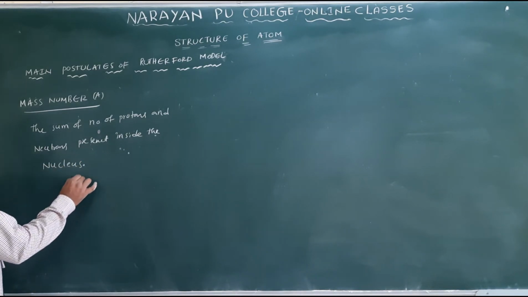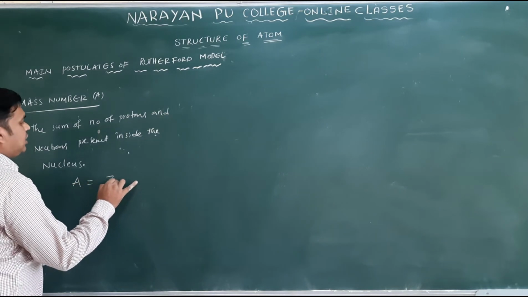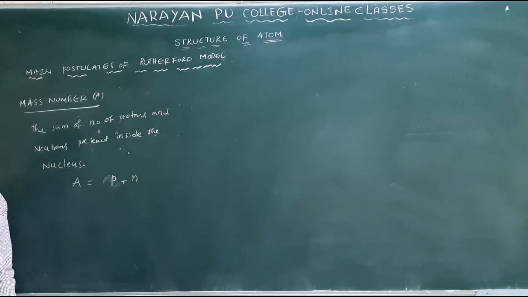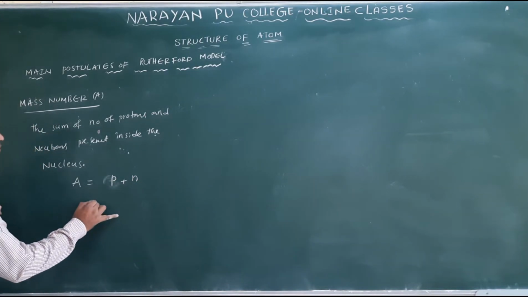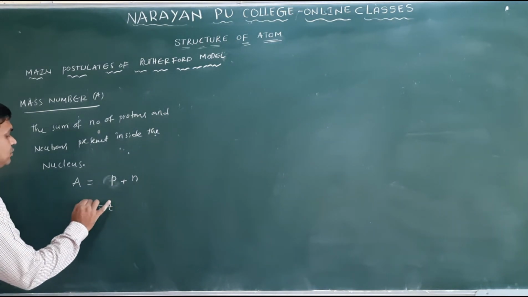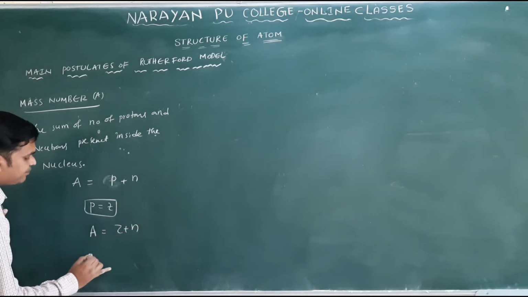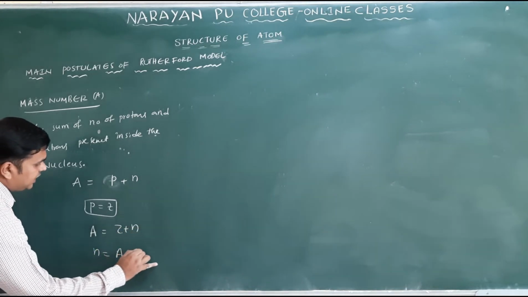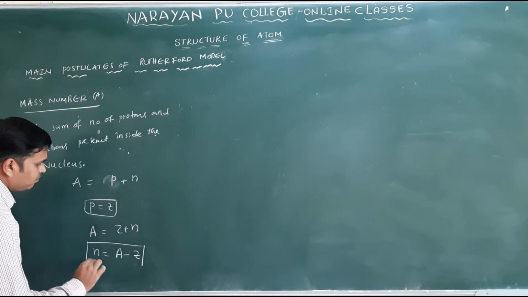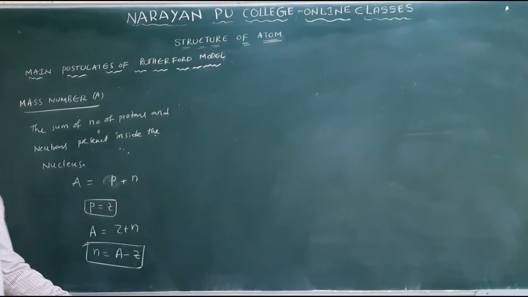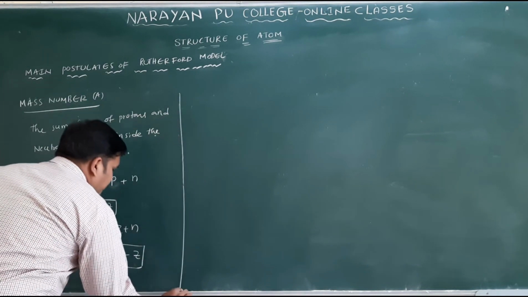So A is equal to the number of protons, Z, plus the number of neutrons, N. From this you get the formula N is equal to A minus Z. What is N here? The number of neutrons, equal to A minus Z. A represents the mass number and Z represents the number of protons.